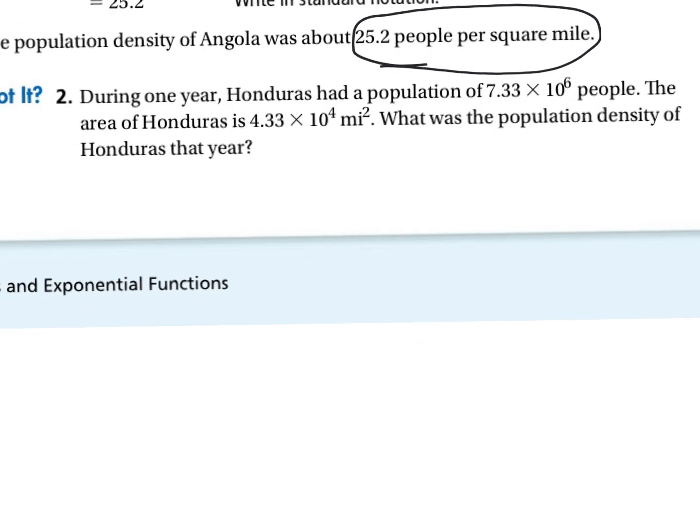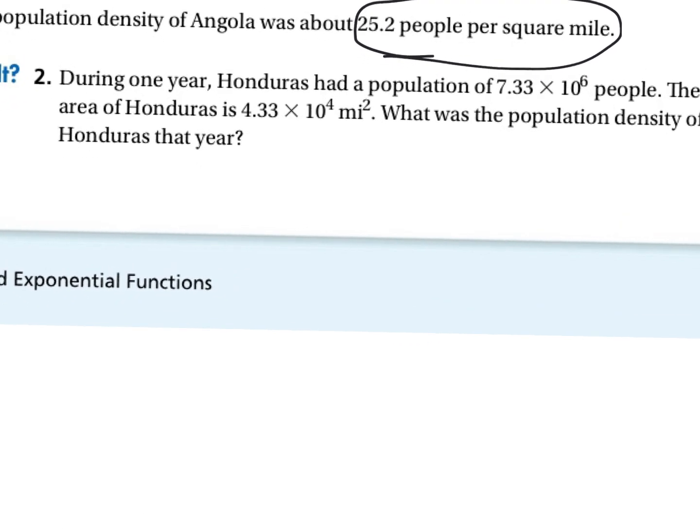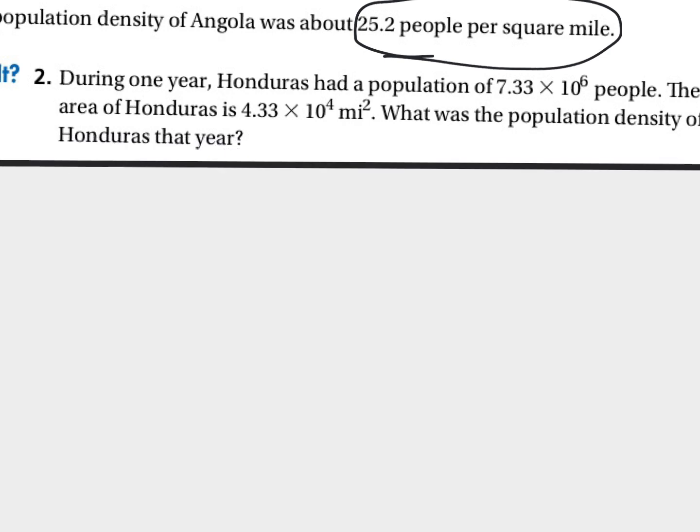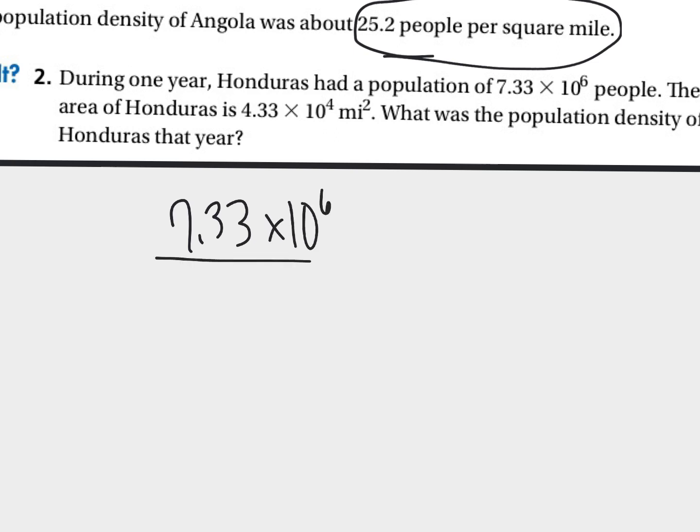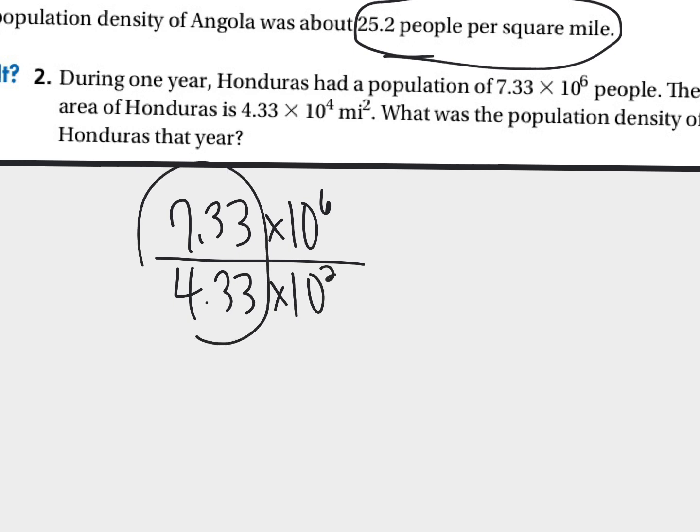So the Got It 2 is very similar to this. It's basically the same thing, just different numbers. So population divided by the area. So if you divide that out, it's about 1.69.